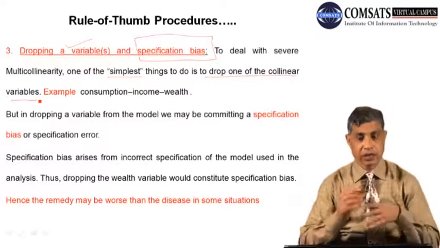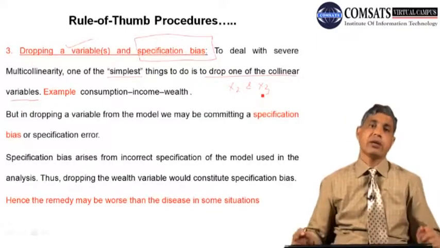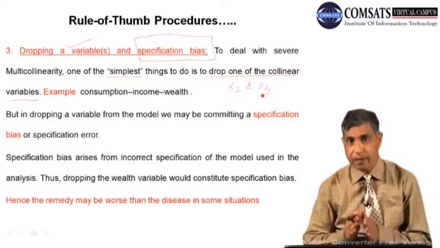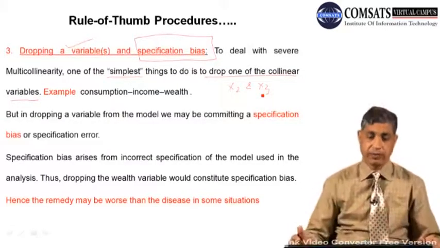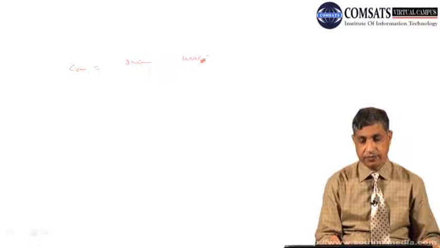If the two variables, for example x2 and x3, have high multicollinearity between them, you can drop one of these variables. For example, in the previous example, consumption is dependent on income and wealth.